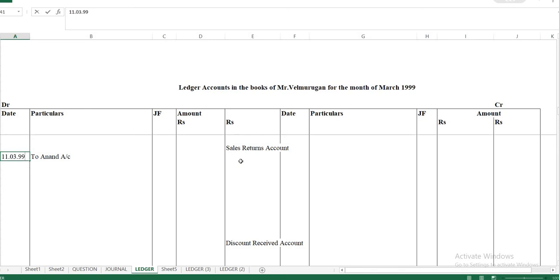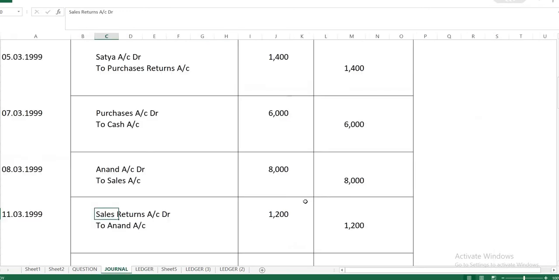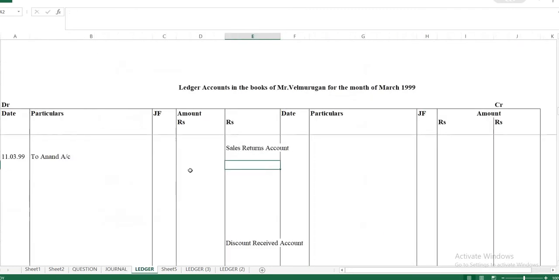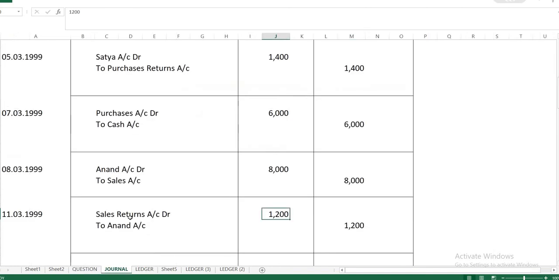That amount, whatever is given, 1200, you just mention in the outer column, or do the calculation in the inner column and show the final in the outer column. So sales return account to Anand account. Now in Anand account, by sales return.